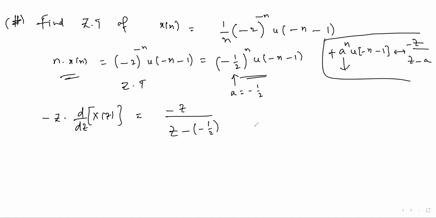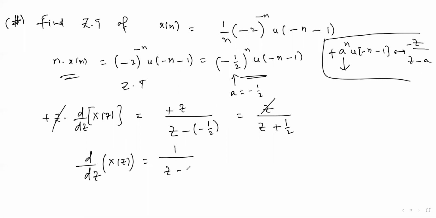Or this minus, we can take it, cancel. z upon z plus 1 by 2 is there. And z also we can cancel out in the numerator. We get d by dz of x of z as 1 upon z plus 1 by 2.